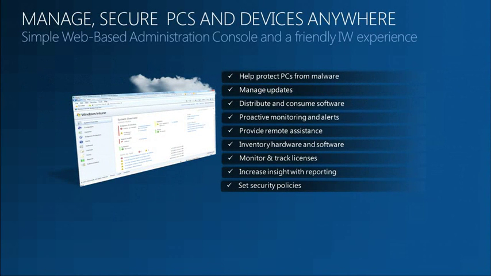So a quick recap of what Windows Intune is. Really, our goal when we set out to build Windows Intune was to have very simple yet very powerful management as a service from the cloud. We wanted to make sure it was a simple web-based console. Our first goals really were protect and patch PCs from the standpoint of antivirus, software updates, and inventory.